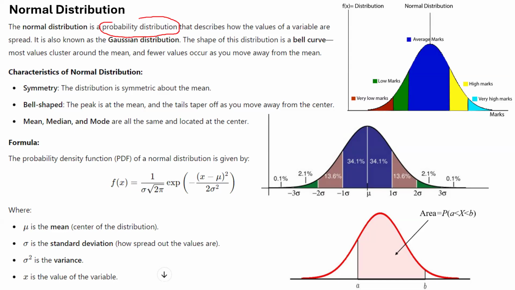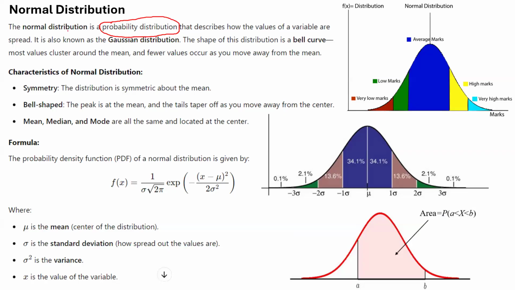It describes how the probabilities of a random variable are spread across its values.